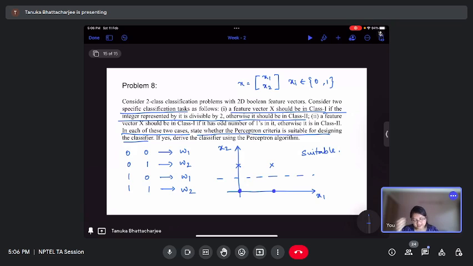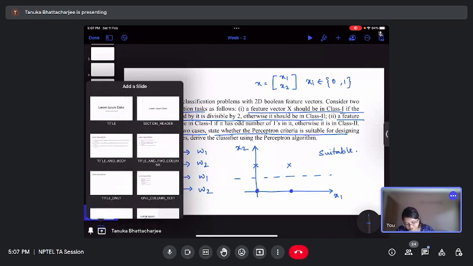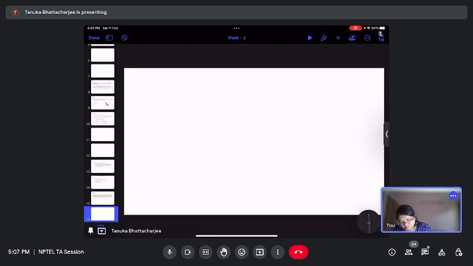Here it is said that a feature vector x should be in class 1 if it has an odd number of ones in it, otherwise it should be in class 2. So, odd numbers of ones are there in these two. So, these two should be in class 1, other two should be in class 2.